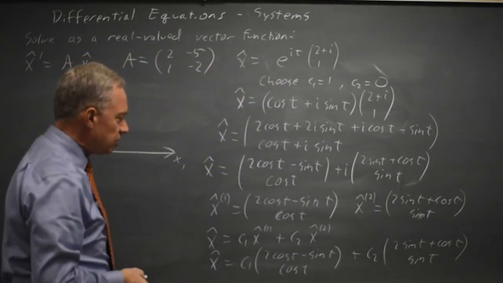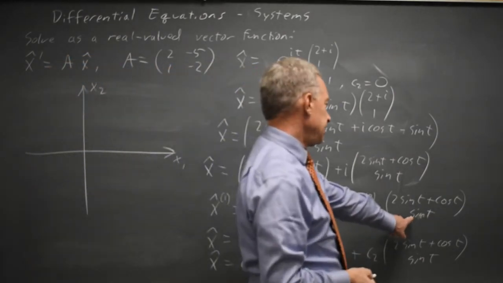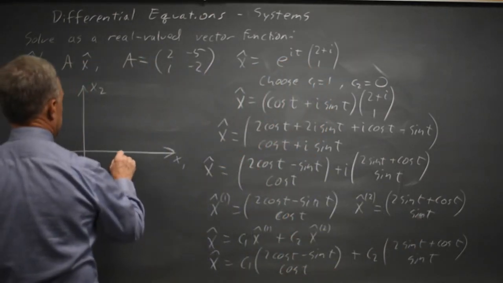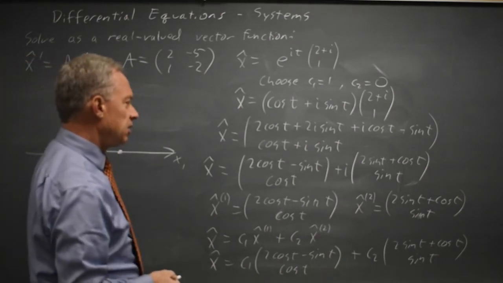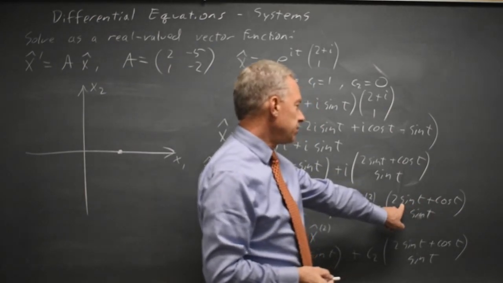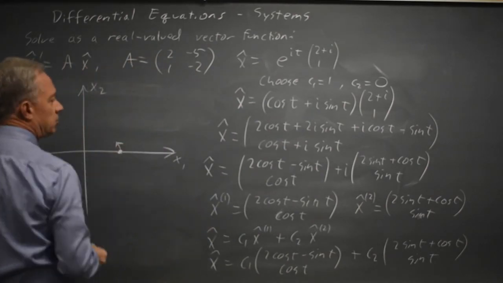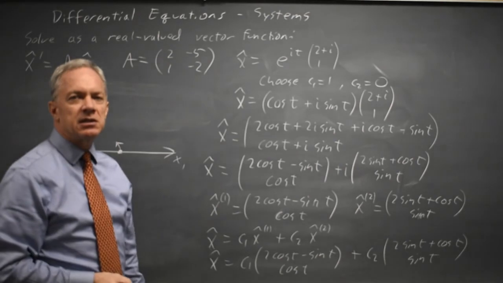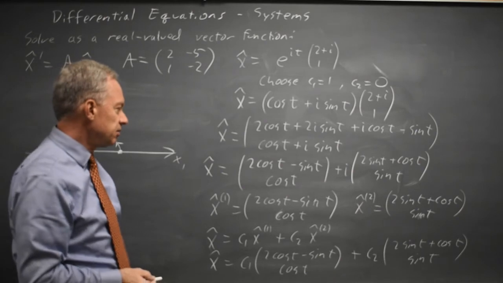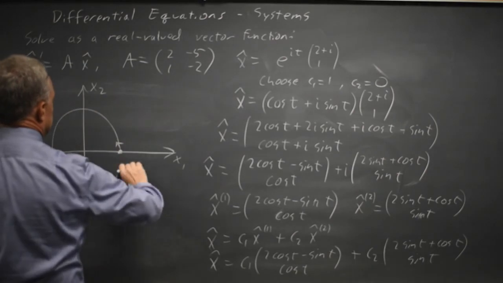At t equals 0, this one is at (1, 0), and if t is a small positive value, the x1 component is still positive near 1, and x2 is positive. So we are moving into quadrant 1, which means that these move in an orbit that may be circular or elliptical, in this case elliptical, that does something like this.